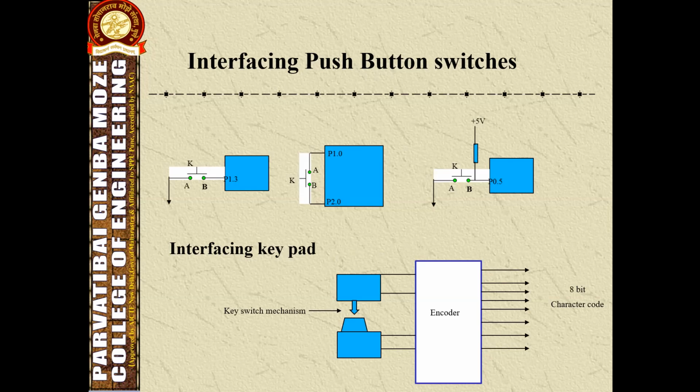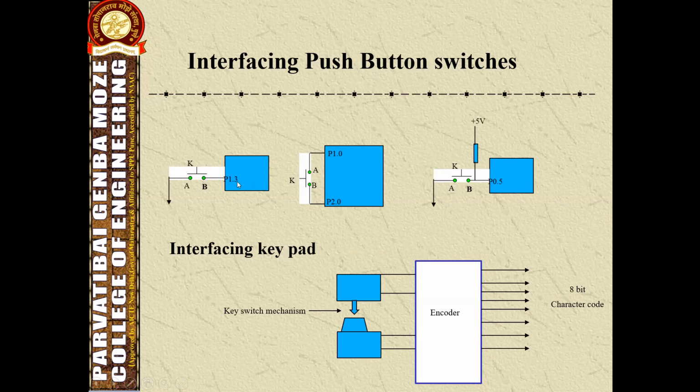The figure shows a single push button switch. The first one is connected to P1.3 of the microcontroller. In this figure, the single switch is connected to pin 3 of port 1; P1 is nothing but port 1.